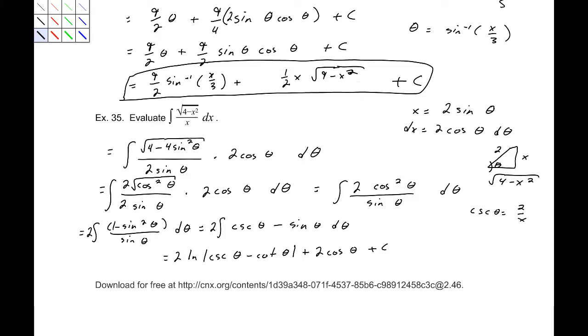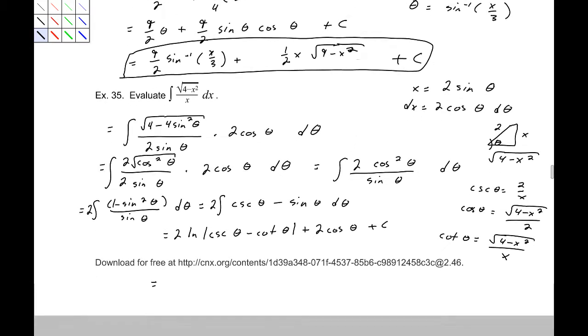Let's do cosine next. Cosine is adjacent over hypotenuse, so that is the square root of 4 minus x squared over 2. Cotangent is adjacent over opposite, so this is the square root of 4 minus x squared over x.